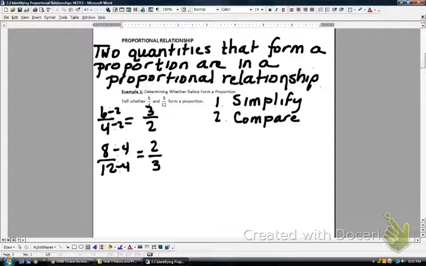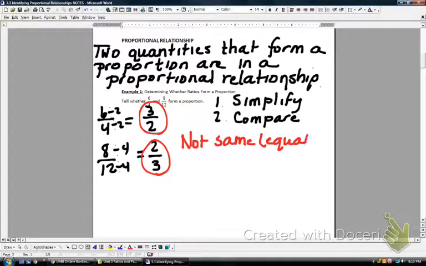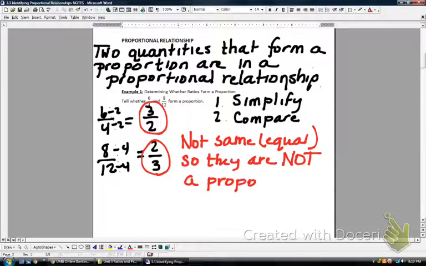So I have 3/2 and 2/3. Those are not the same number, so they are not a proportion. So that's my answer. They are not a proportion.